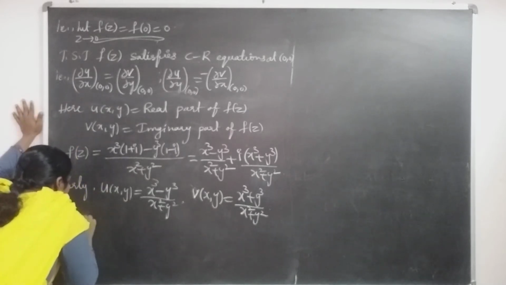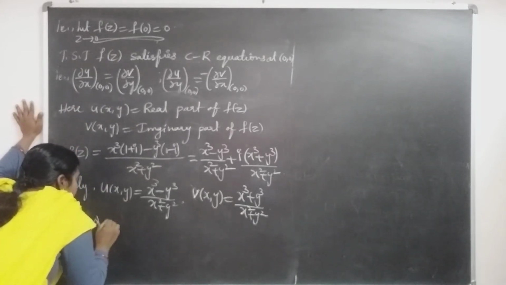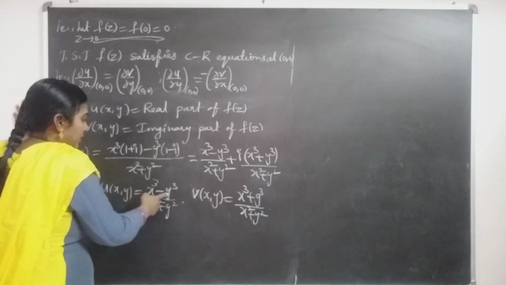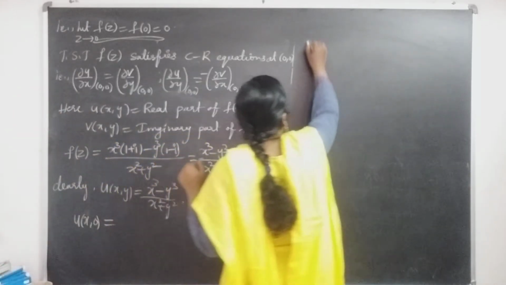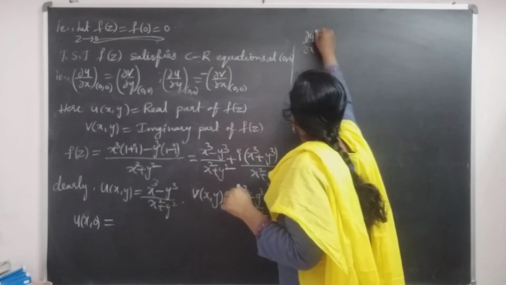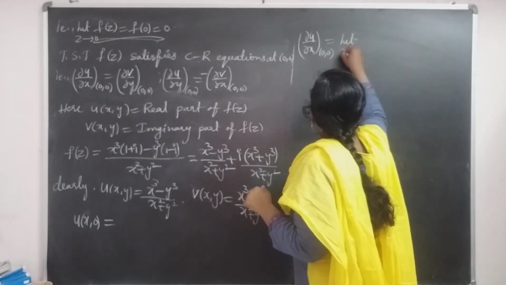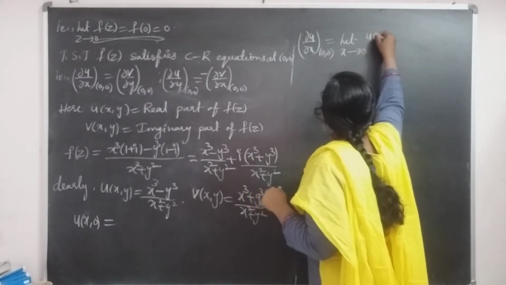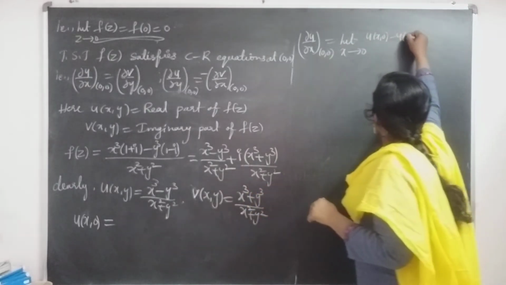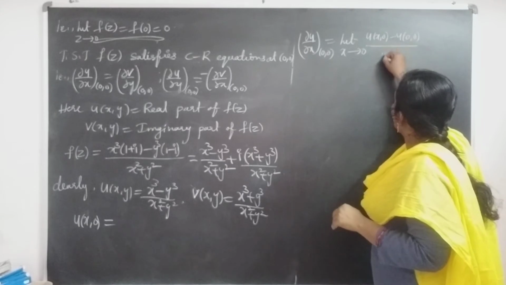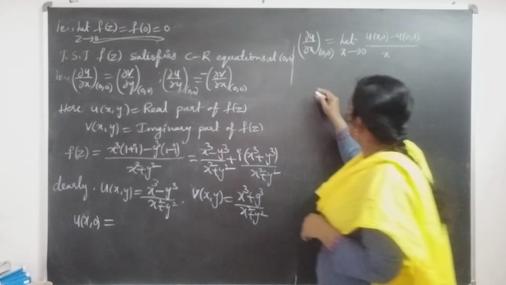First we can take u of x comma 0, that is y variable is 0. Why? Because dou u by dou x at origin means limit x tends to 0, u of x comma 0 minus u of 0 comma 0 by x minus 0, that is x.